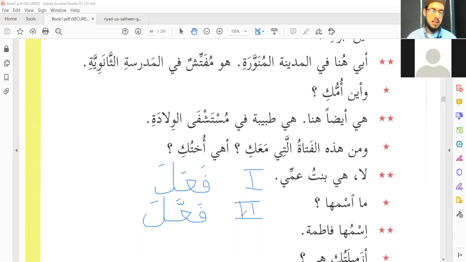Now it takes an object. So these are the 3 meanings communicated by this second form, and there are 10 forms, and each form has its own meanings associated with it. And within each form, we make different words. So the doer, the fa'il, is going to look a certain way in form 1. The maf'ul is going to look a certain way in form 1, and it's going to look different with a verb in form 2.